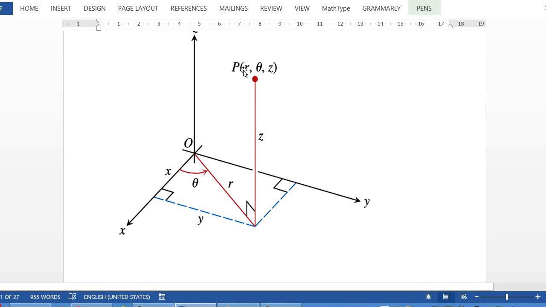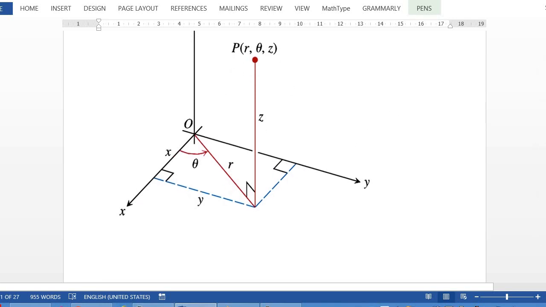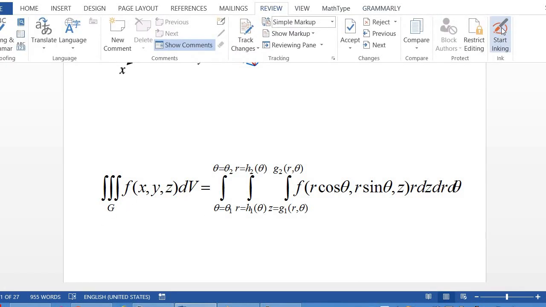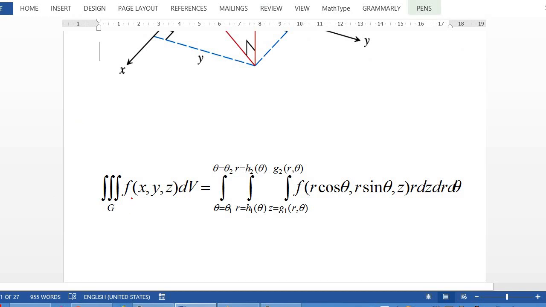In cylindrical coordinates, we have r, theta, z. In Cartesian coordinates, we have the triple integral of f(x, y, z) dV over the solid G, where dV is, if your solid G is parallel with the z-axis, we integrate with respect to z first, dz, and then dA.